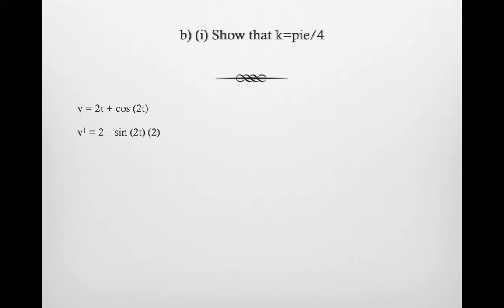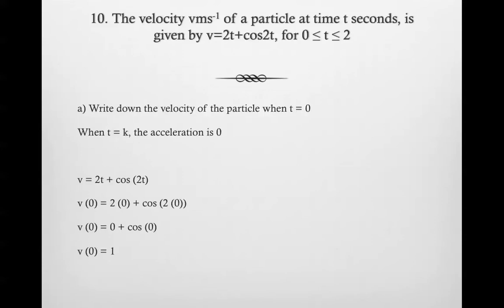So part B, show that k equals pi over 4. Now the most important part of this question that you need to know is in fact stated in part A, when it says when t equals k, the acceleration is 0, and we're going to need to know that in order to solve the question a little later on.